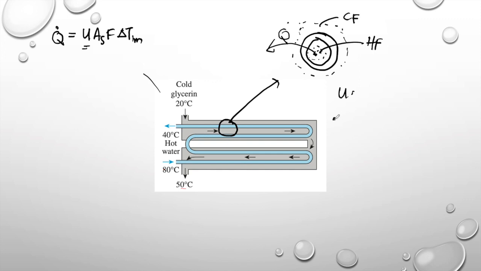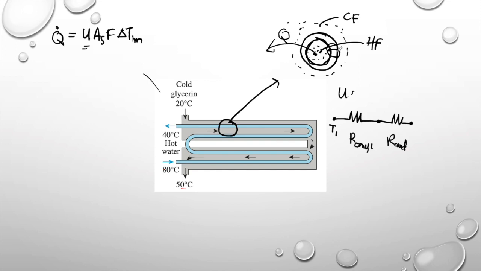From the tube inside, T1, for example, represents the hot fluid temperature. Then it will transfer to this side, Di. So we have resistance 1, which is R convection 1, and then from this point we have conduction, R conduction.